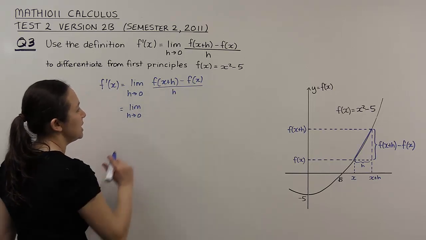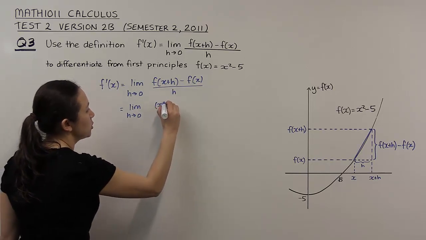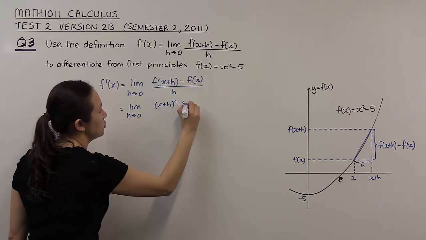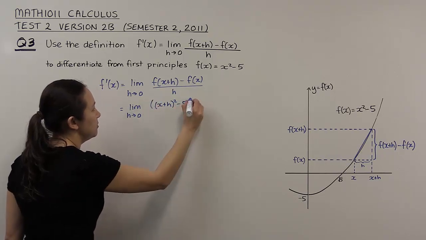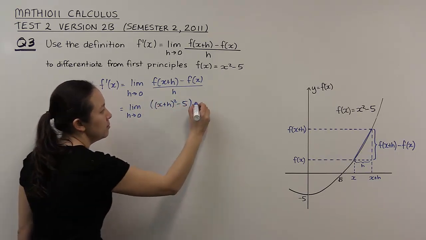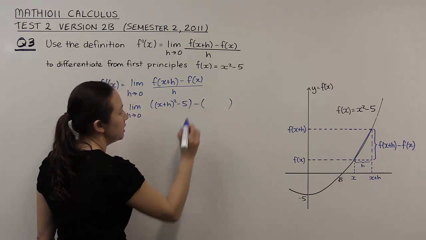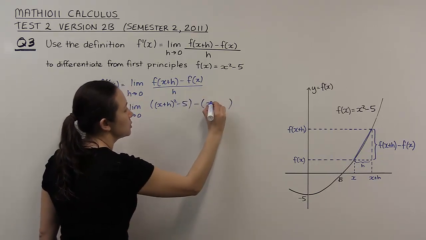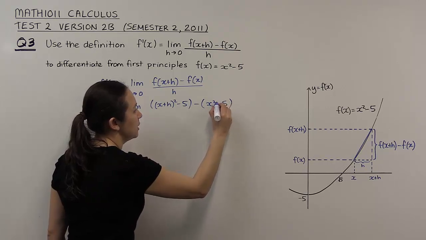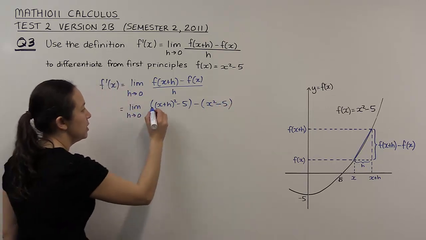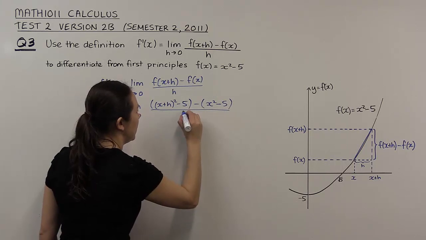If x plus h is the input, we square that and subtract 5. So this is f of x plus h there. Minus f of x: whatever the input x is, we square it and subtract 5. So that's f of x there. And this is all divided by h.